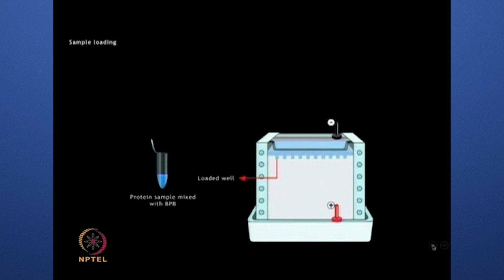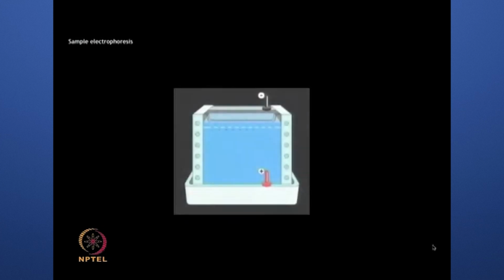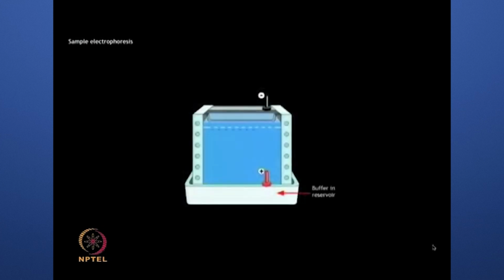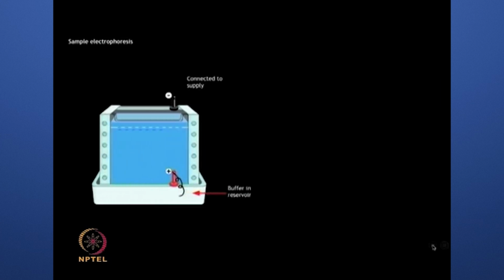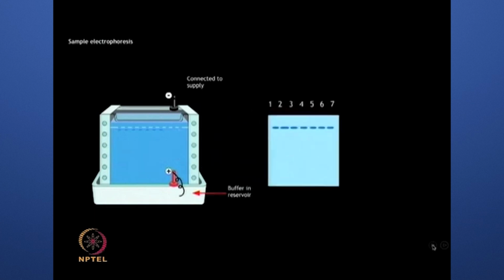Once all the samples are loaded, then this unit can be placed into the electrophoretic unit and a direct current supply of around 100 to 350 volts can be passed, depending upon the size of the gel, for a time sufficient to separate the protein mixture into discrete bands based on their charge to mass ratio.